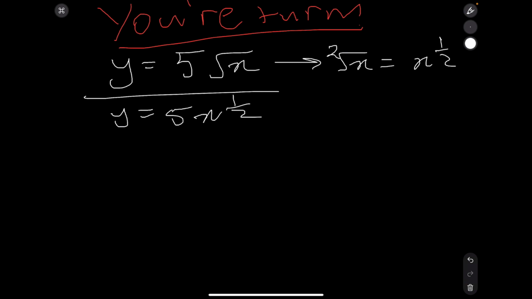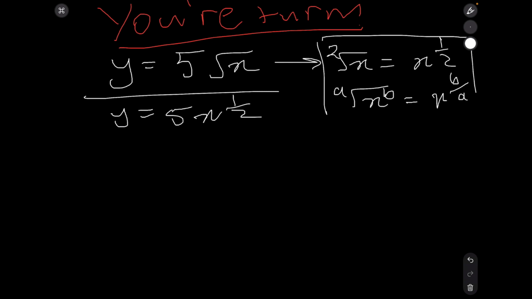Because in general form, if you have the a-th root of x to the b, that is rewritten as x to the b over a. We will go into these index laws in further videos, but for now, that's how you would do it if you don't already know.